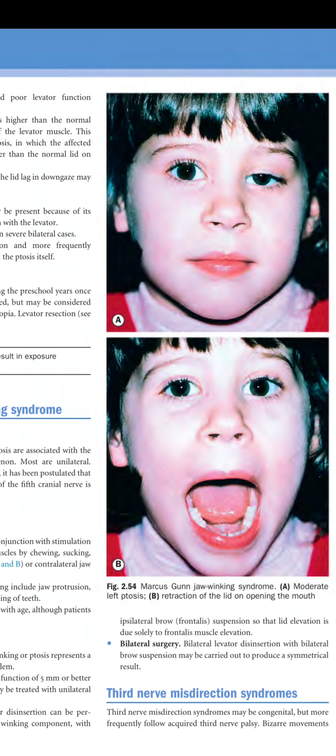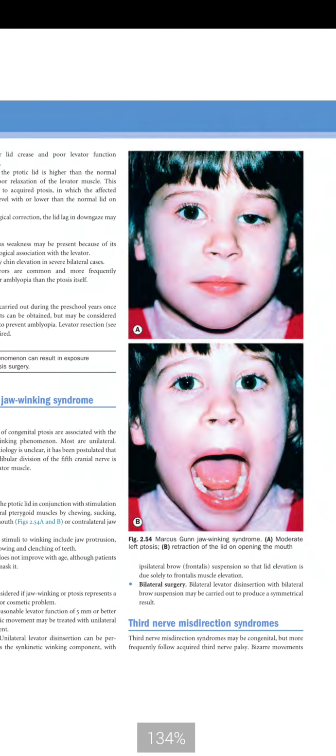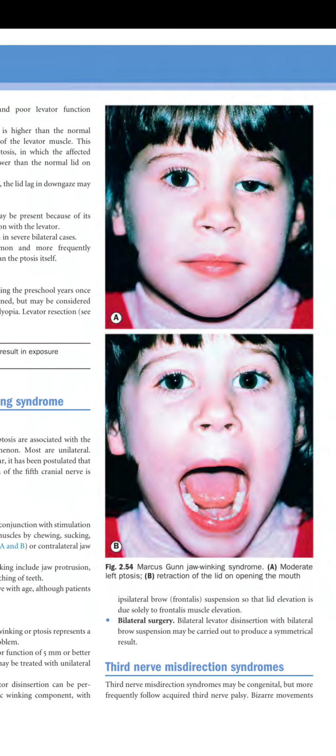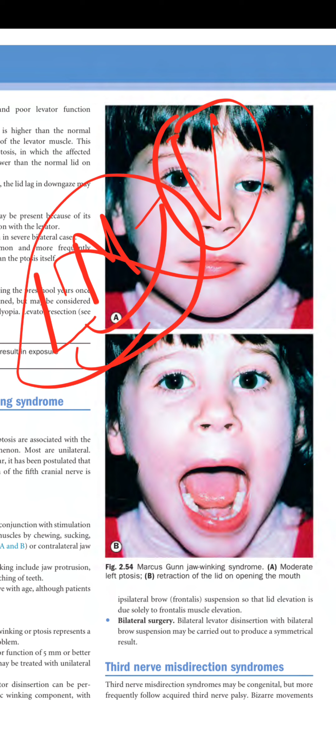One thing that is different in the surgery of Marcus Gunn jaw winking is that the levator muscle, which is supplied by the third cranial nerve, is being innervated by the fifth cranial nerve. So what you do is resect all that muscle.